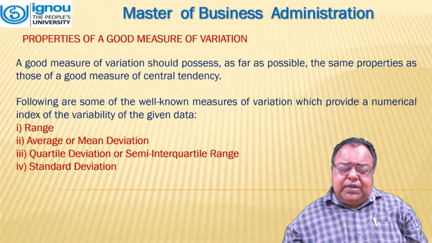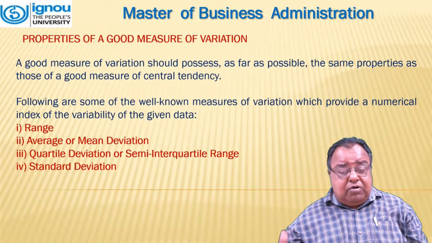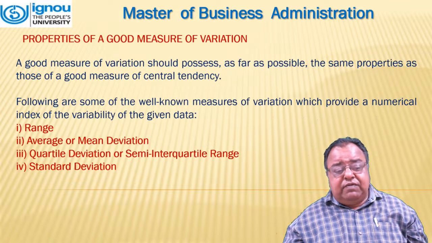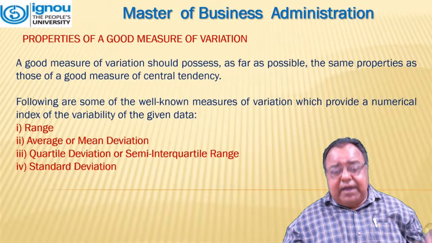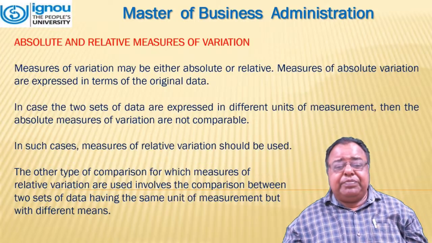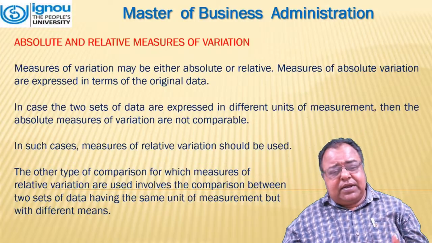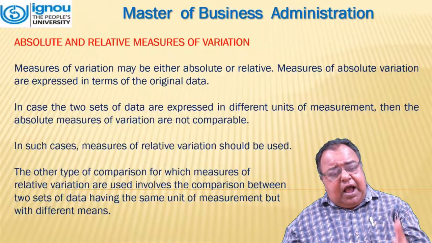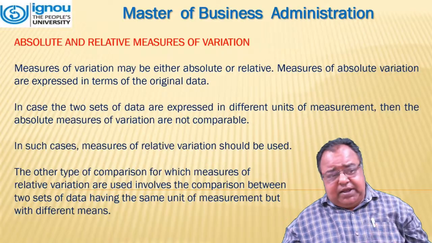First one is range, second is average or mean deviation, third is quartile deviation or semi-interquartile range, and the fourth and most important one is the standard deviation. Mathematically, first we will see the theory, then we will see how it is evaluated through a numerical.